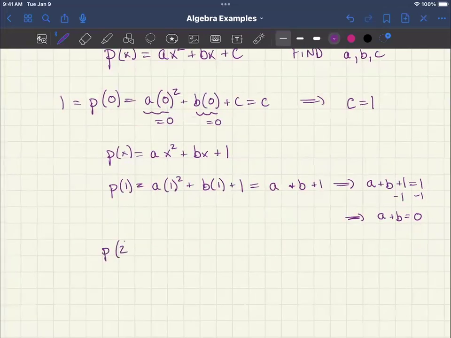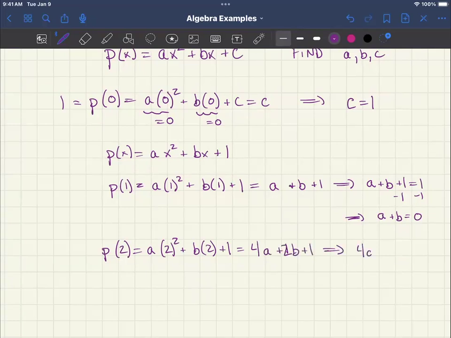Let's see what happens when we plug in 2. We have a times 2 squared plus b times 2 plus 1. 2 squared is 4, so we get 4a plus 2b plus 1, and that is equal to 1.